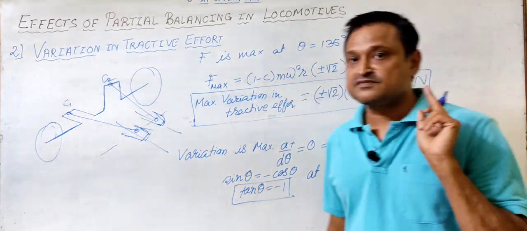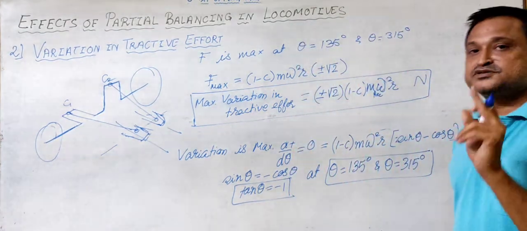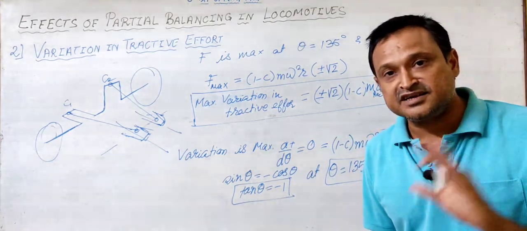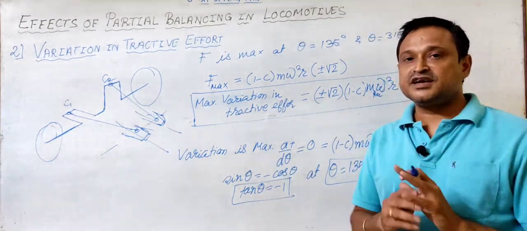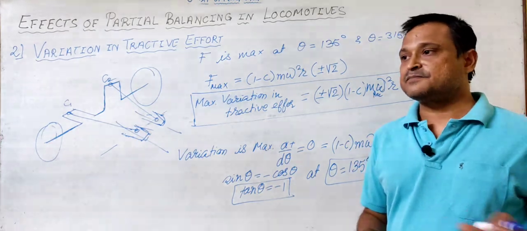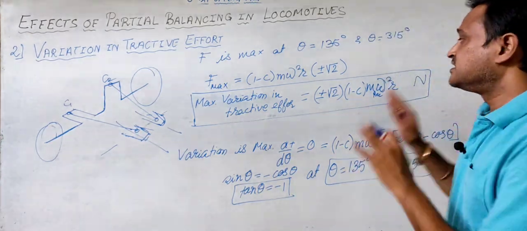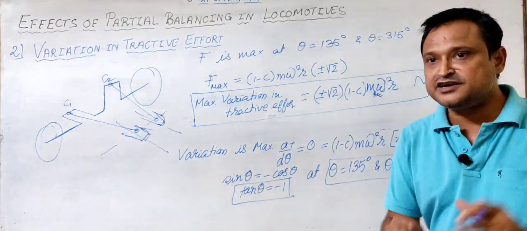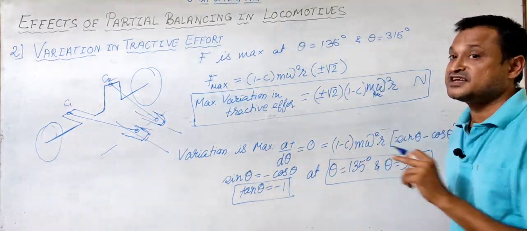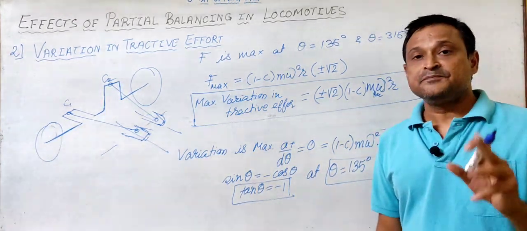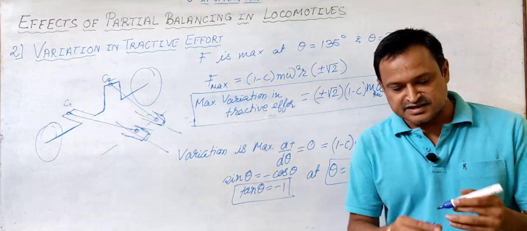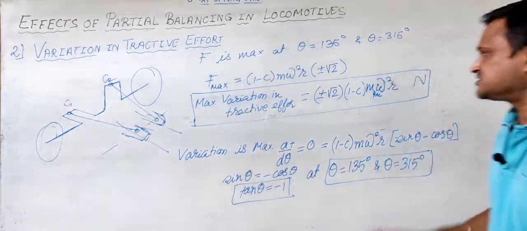It is the component of the reciprocating mass, because the rotating mass is completely taken care of. The rotating balance is completed. They are cancelling out each other. This effect will be only due to whatever m we are considering here, the reciprocating mass, right? Only the reciprocating mass.